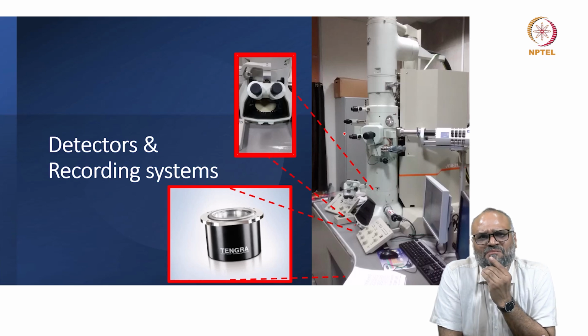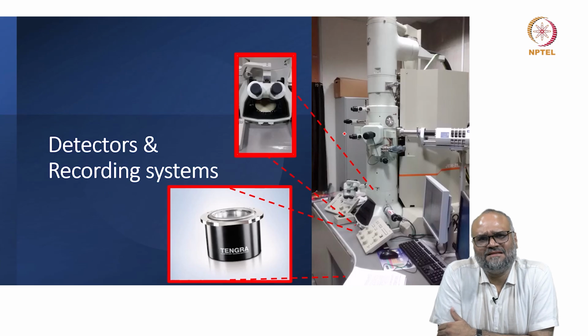And then we had something called image plates, and then we had the CCD cameras, and then you also have something called CMOS cameras, and now direct electron detection cameras as well.